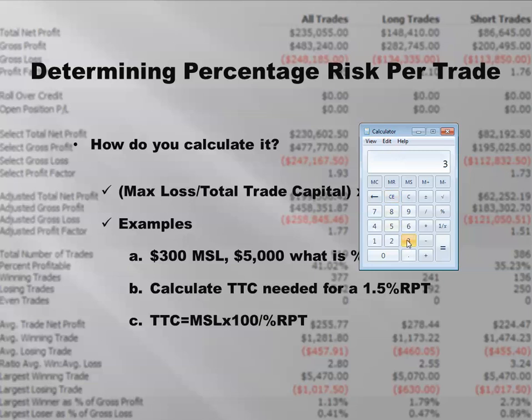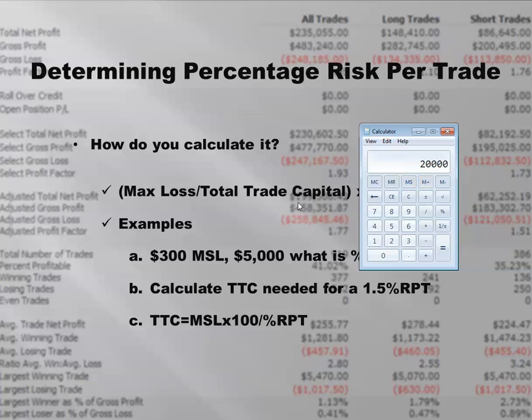Your max stop loss is $300 in this case. Multiply that by 100 and then divide that by 1.5%. And you should realize that you need $20,000 per contract to trade this futures system to keep your percentage risk per trade at 1.5%. Now that's quite a bit more than most traders allow for, and that's why a lot of people kind of blow up their accounts.